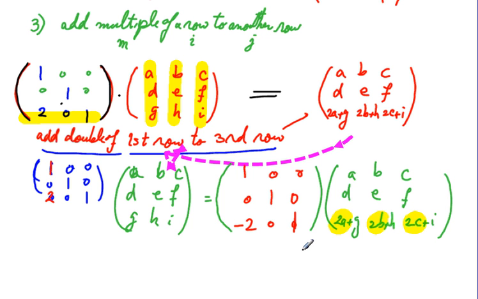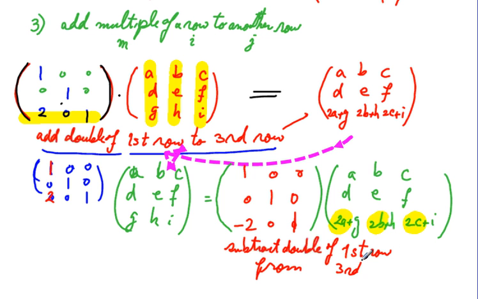So subtracting double of the first row from the third row. So the meaning of this would be subtract double of first row from third row. Well, it makes sense that the number here has to be -2.